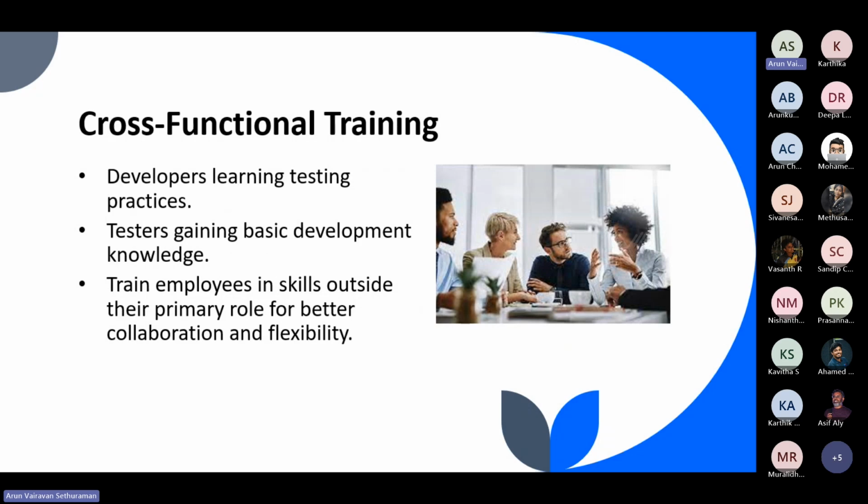Here, the developer is always doing the development. Are developers not learning testing, how testing is done, and what steps are involved? These are key and basic points developers should also know, and testers should also have a good idea about development knowledge. Basic knowledge is mainly important.